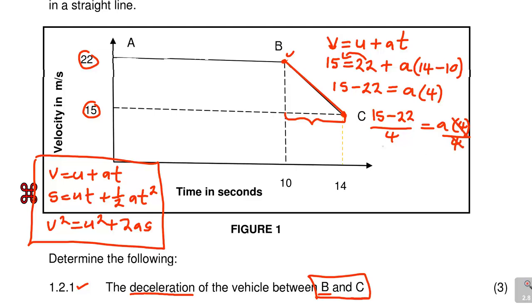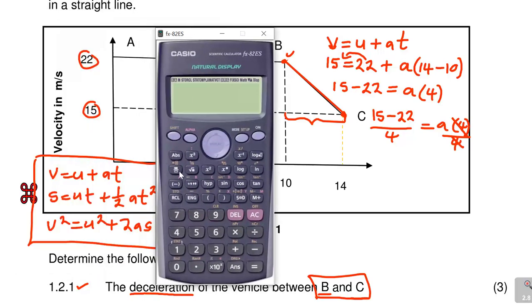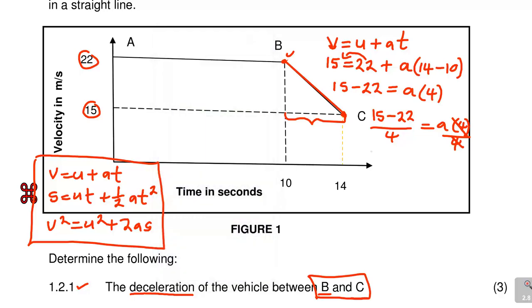If you use a calculator, you type 15 minus 22 over 4, and then you press equals. This is the acceleration, which is negative 1,75 meters per second squared. This is your acceleration. That's why it's negative.